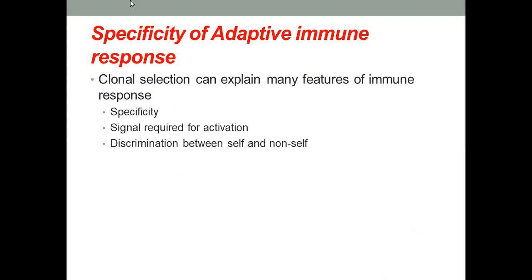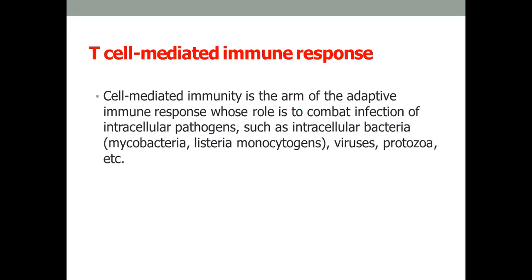We are talking about both B lymphocytes as well as T lymphocytes. This clonal selection is important, and it depends upon the specificity, the signals required for activation, and the discrimination between self and non-self antigens.